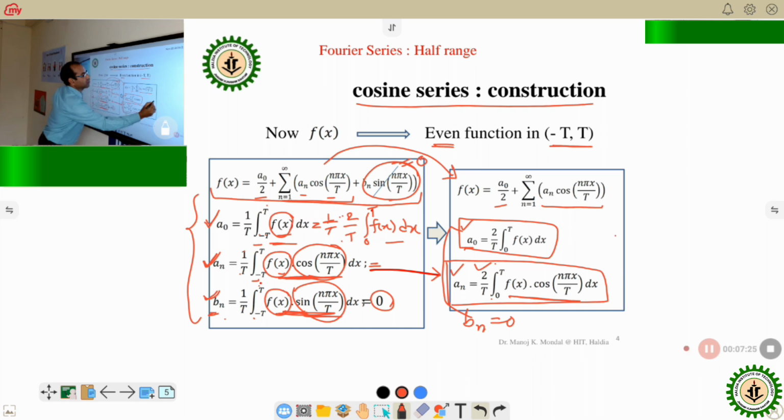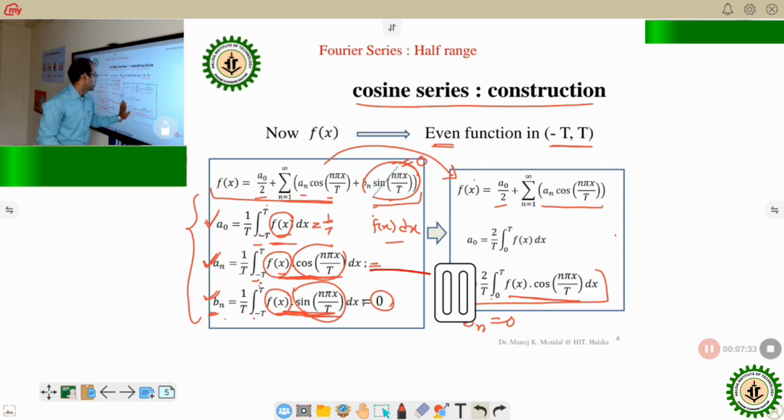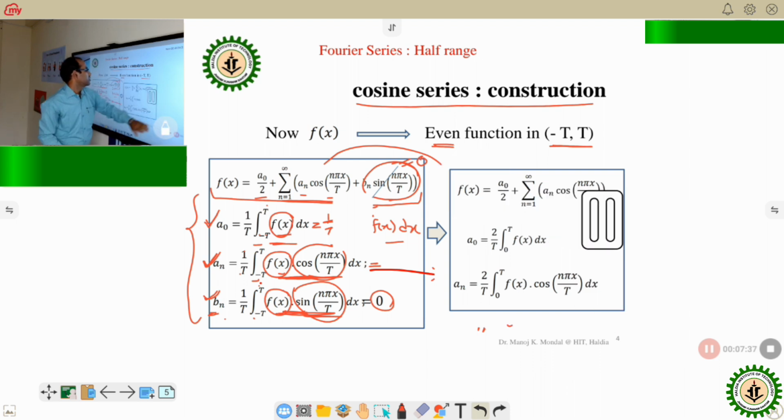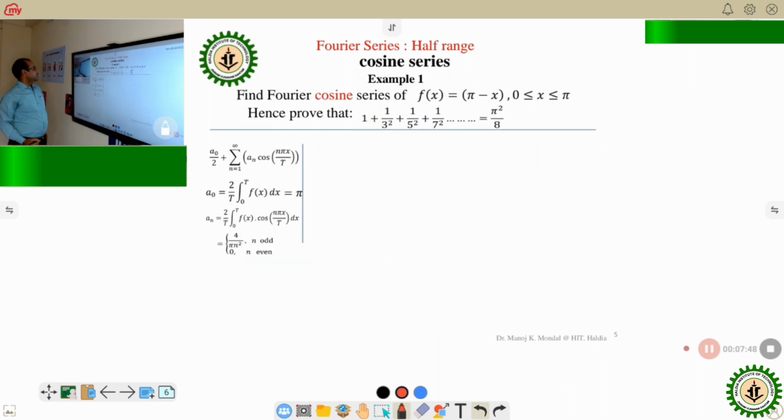So this is our half range Fourier cosine series with a0 and an. Now we consider one example.